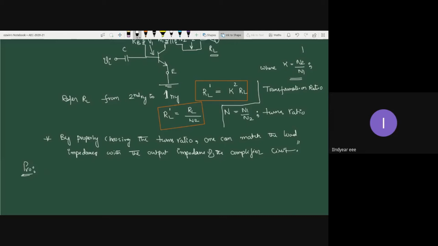Write down: a load of 4 ohm is connected to the secondary of a transformer having primary turns of 200 and secondary turns of 20. Calculate the reflected load impedance on the primary.